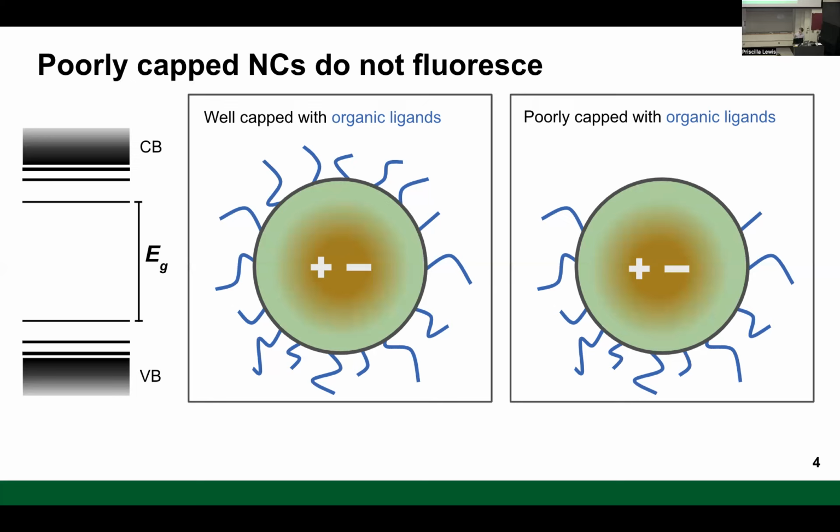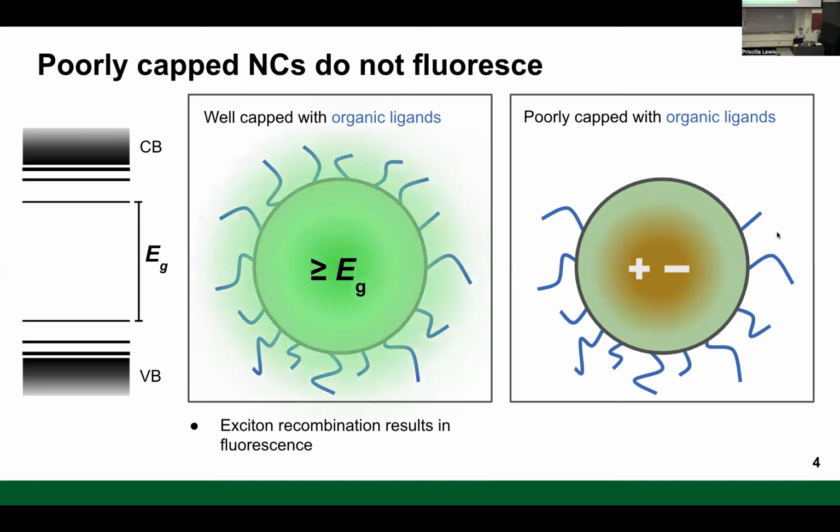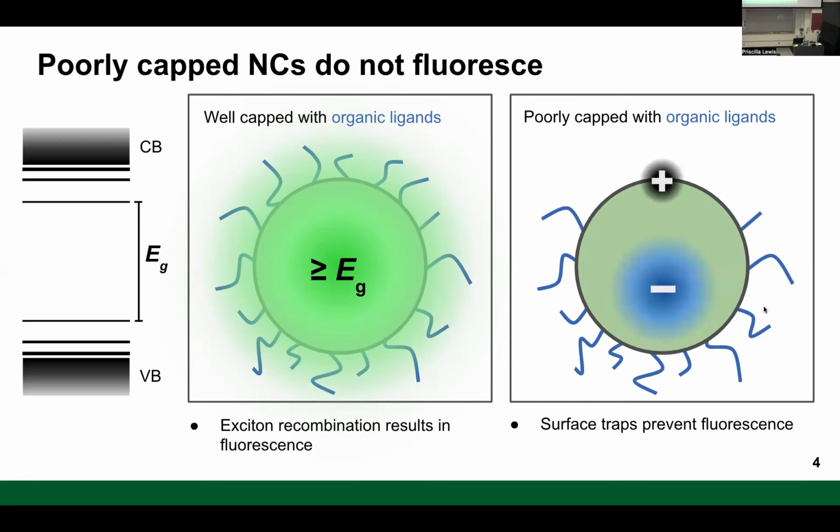And if we take this well-capped nanocrystal, for example, although this exciton is fully delocalized, eventually it will recombine, and this results in fluorescence at some energy greater than or equal to the band gap. But with this poorly capped nanocrystal, eventually these charge carriers will separate, and this positively charged hole will localize on that bald spot, which we call a surface trap.